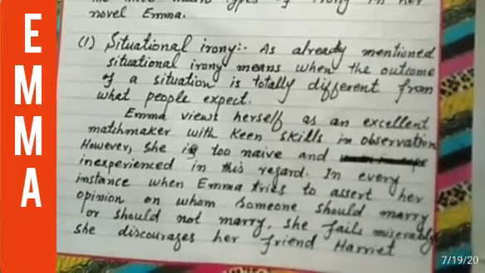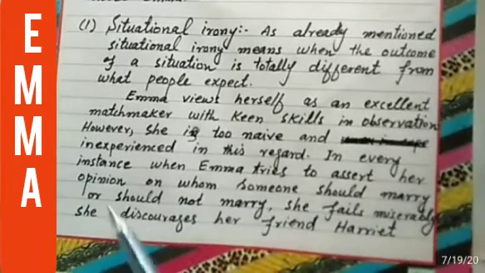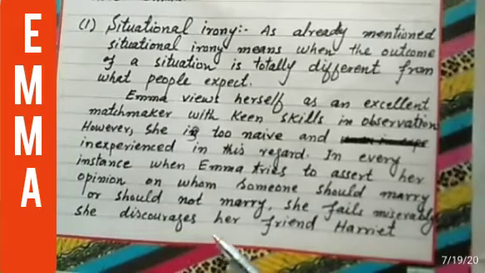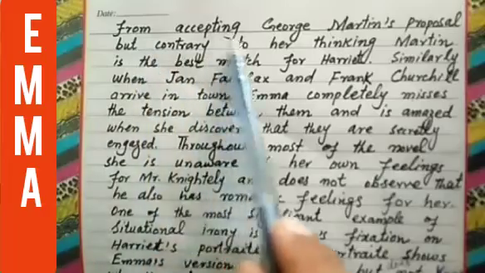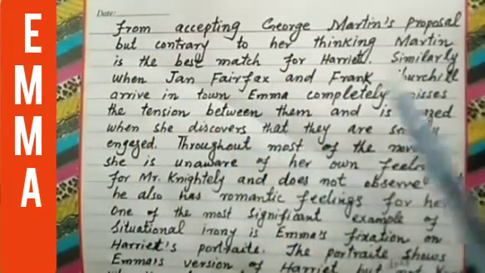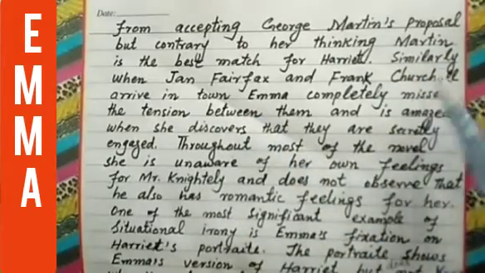In every instance, when Emma tries to assert her opinion on whom someone should marry or should not marry, she fails miserably. She discourages her friend Harriet from accepting George Morton's proposal, but contrary to her thinking, Morton is the best match for Harriet.